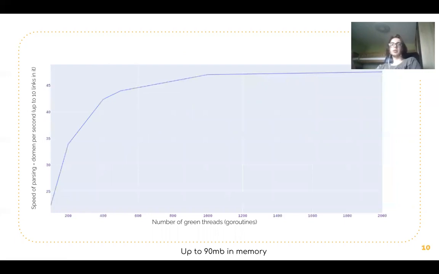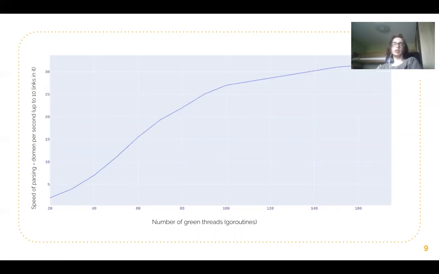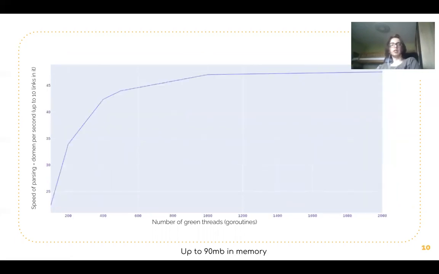Because of consistent growth on this graph, we weren't able to make any conclusions, so we expanded the number of coroutines scale, and got this graph, and recognized that after 1,000 coroutines, there is no significant growth, so we picked it as an optimal value.